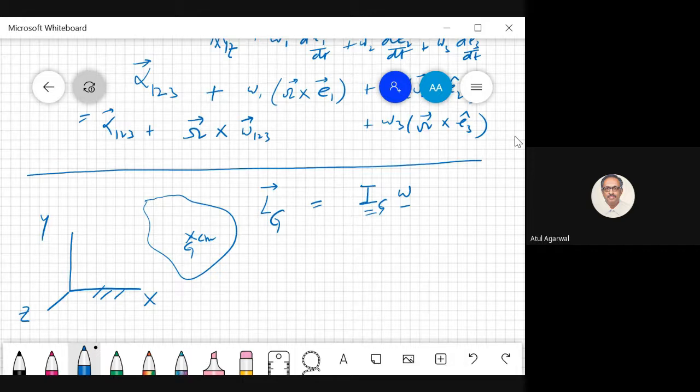You take some other point, call it H. What is the angular momentum with respect to H? So you'll have to do... is it all right?